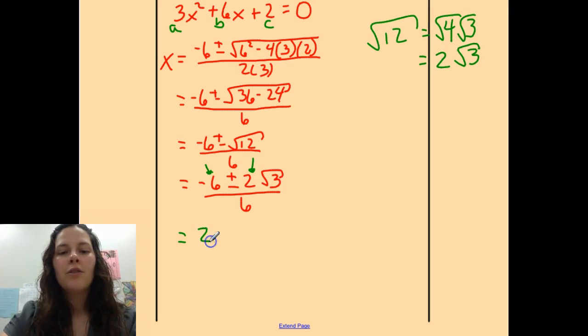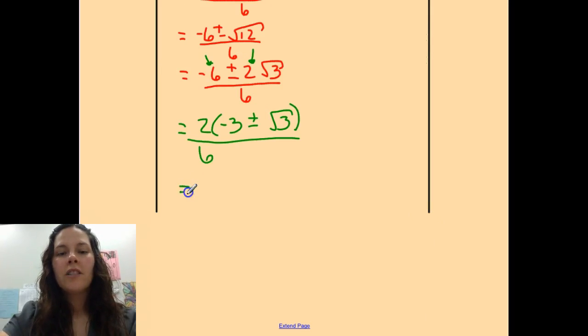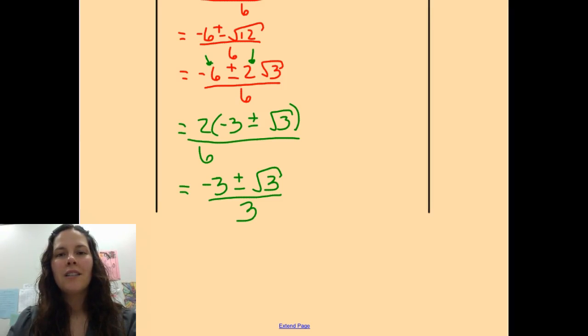So I can pull out a 2, leaving me with negative 3 plus or minus the square root of 3. And then I can just kind of simplify that 2 over 6. 2 over 6 simplifies to 1 over 3. So I can drop the 1 because multiplying by 1 doesn't change anything. So I get negative 3 plus or minus the square root of 3 all over 3.